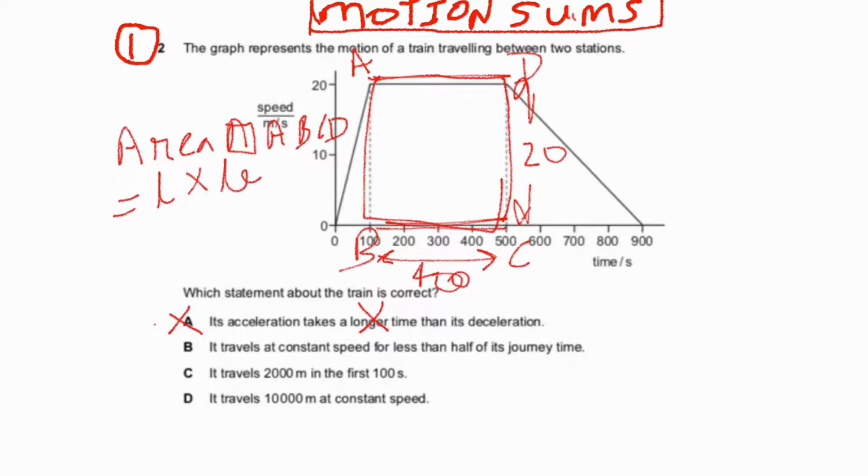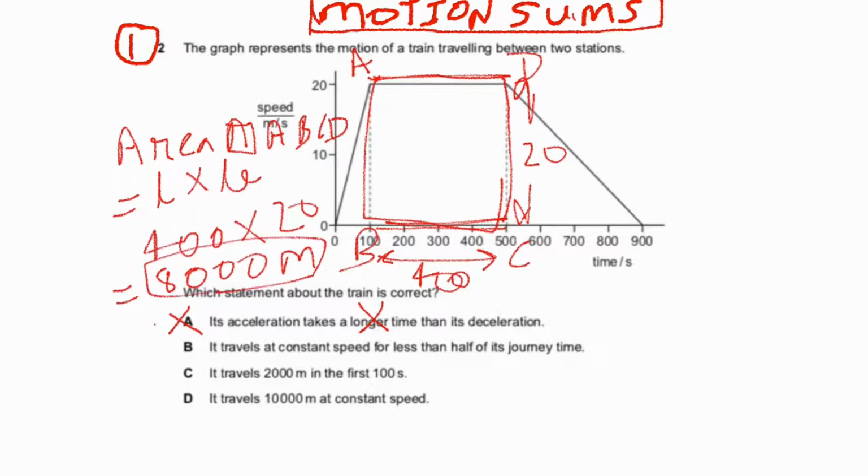So length into width, 400 into 20, is 8,000. This 8,000 meters is the distance when it was traveling at constant speed. So this area gives the distance when it is traveling at constant speed.